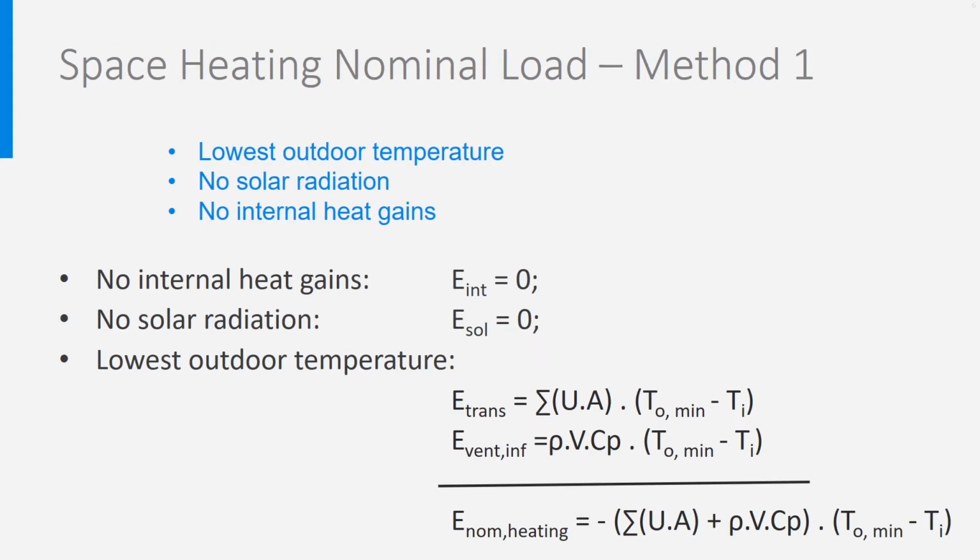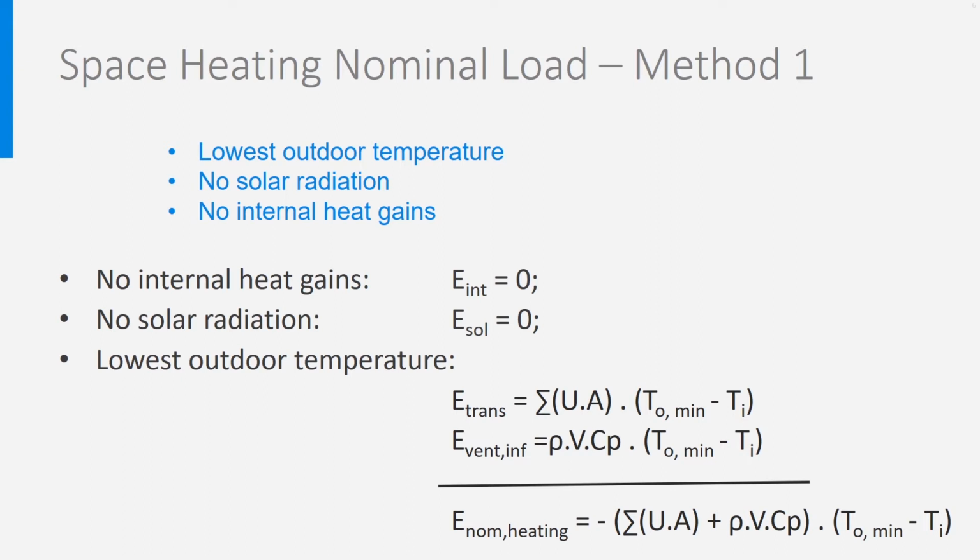Let's start with the highest heating demand, the so-called nominal load for space heating. We said we should consider the lowest outdoor temperature and no solar radiation or internal heat gains. If we take our energy balance in watt-hour, this means that energy for internal heat gains and solar radiation is 0.